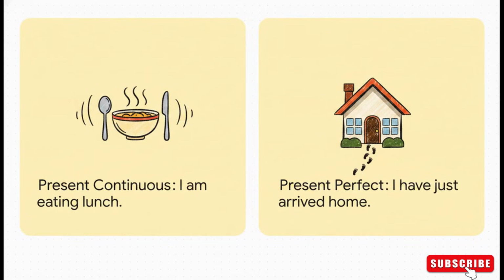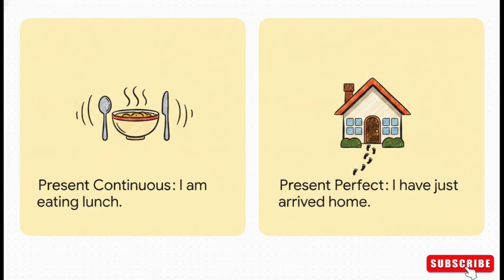Now, what happens if your day isn't actually over yet? Because sometimes you're telling your story right in the middle of it. If someone asks what you're up to right now, you use the present continuous for right this very second. I am eating lunch. But if you want to connect a really recent past action to the present moment, you use the present perfect.